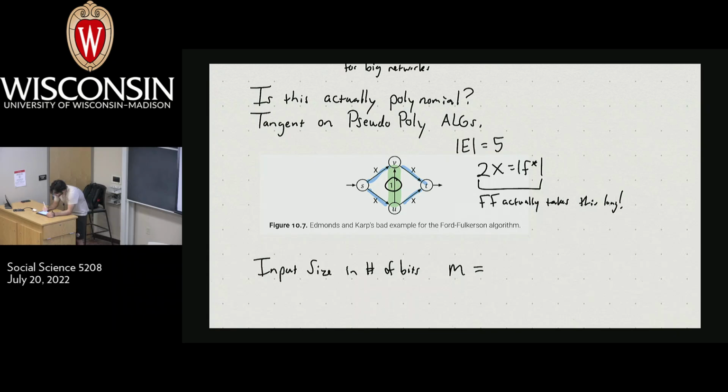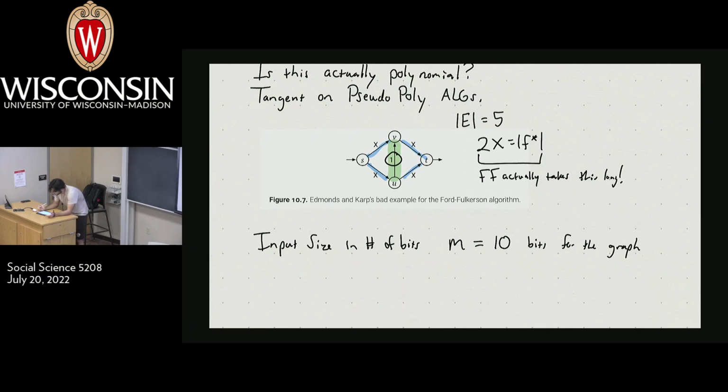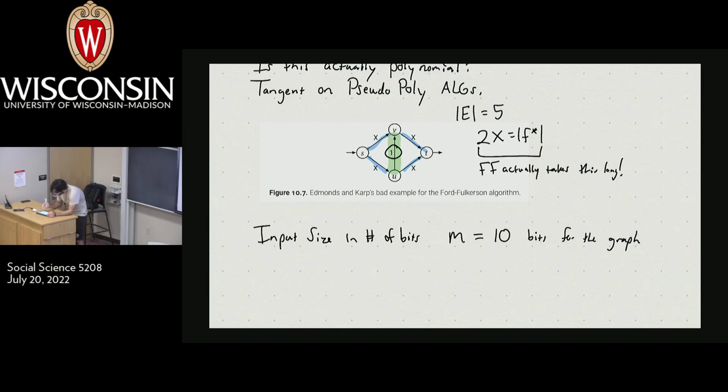Well, how many bits do we need to describe the whole graph? I don't know, like 10? And then how much for x? Well, x is pretty much the rest of it. So all of m is the complexity of x plus the graph complexity.